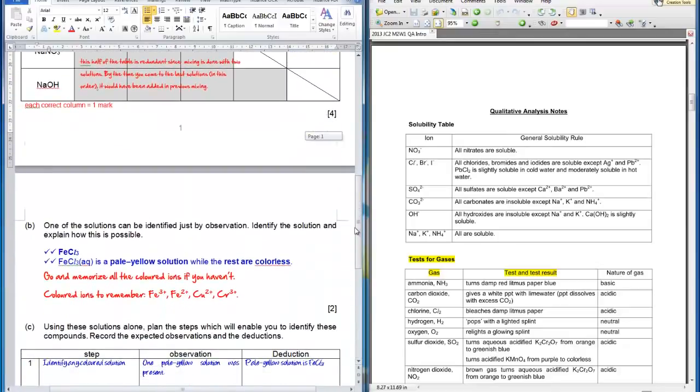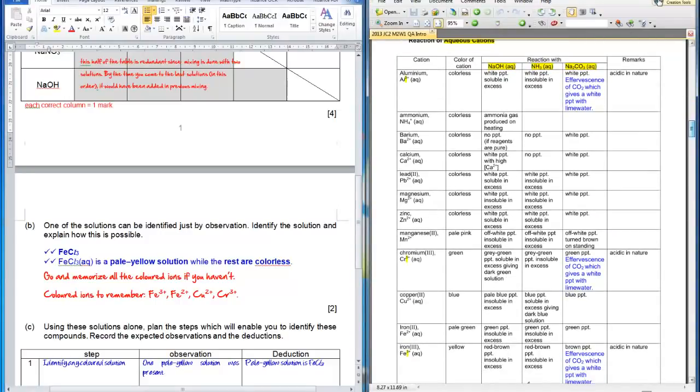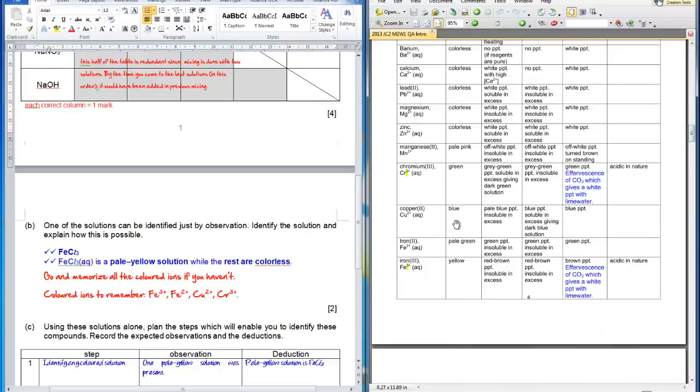So it's good to go and memorize all the colored ions if you haven't, and the colored ions to remember for our context of assessment would be these four ions, also in your notes. You have the chromium 3+, which is green, and the copper 2+, which is blue.